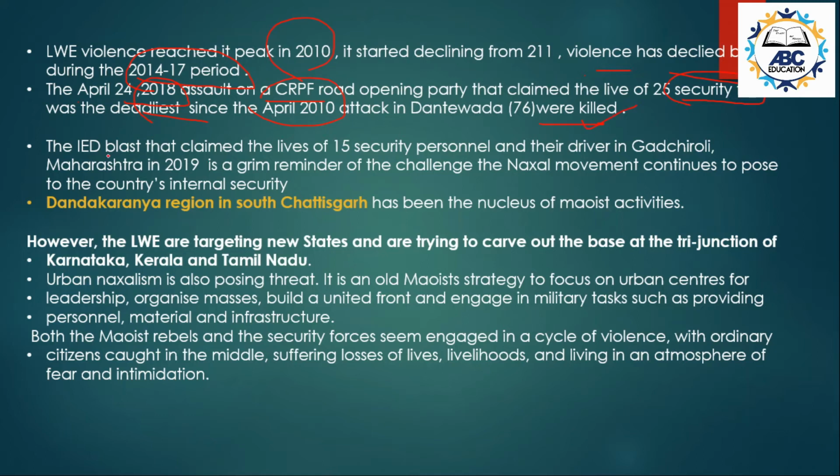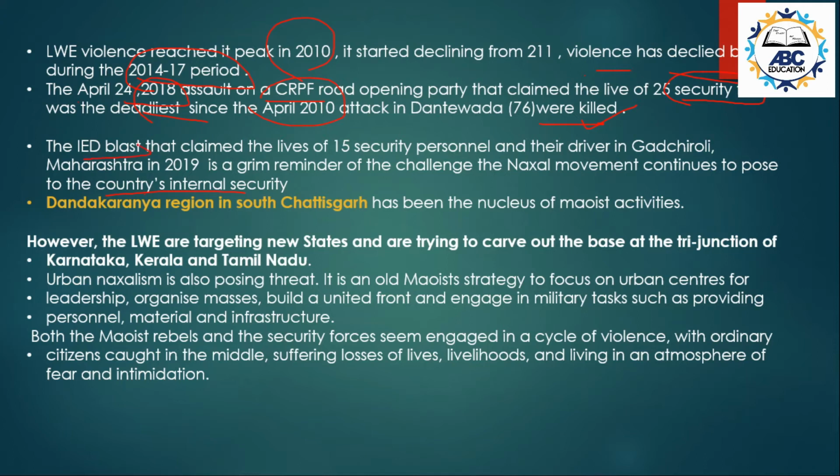Okay, now what is the latest attack that they have carried out, and through which we know that the Naxal movement is not over. It's not that if the violence has gone down, or if the red corridor has reduced, that this problem is over. This problem is still present, and it is posing a greatest threat to country's internal security. How do we know?